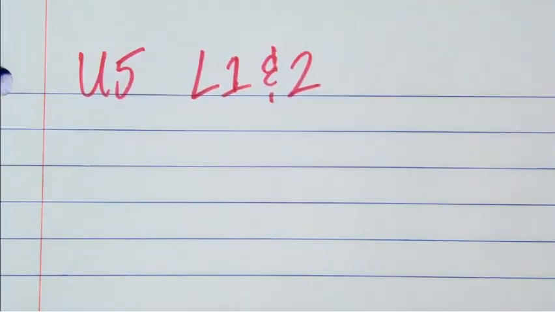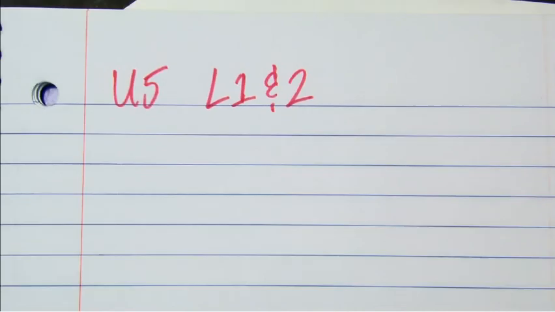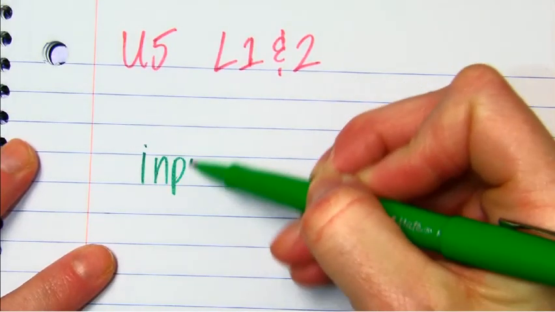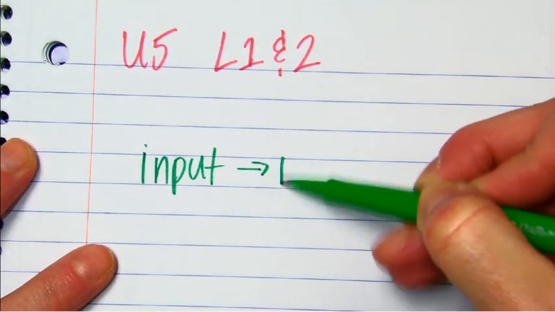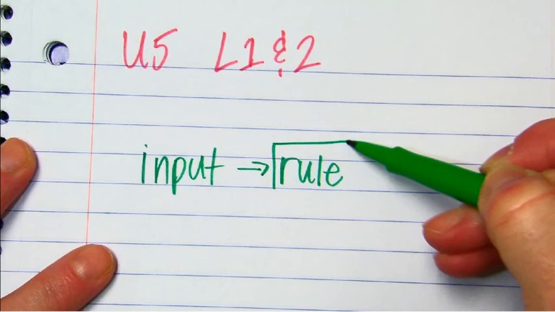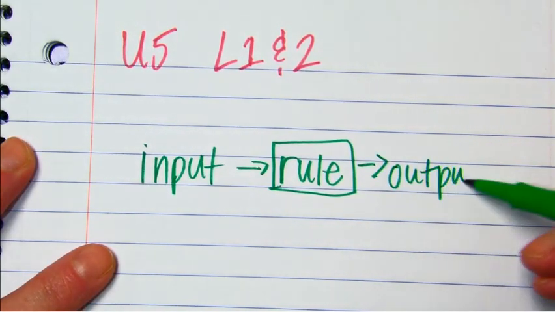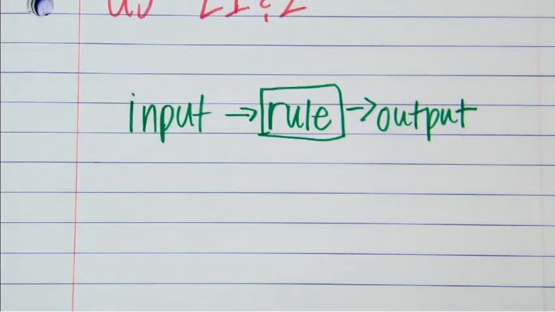Unit 5, Lesson 1 and 2. And we're going to say input. Draw a little machine here. Input, rule, output. So that's our little function machine.